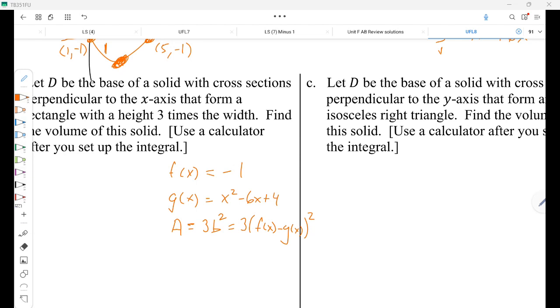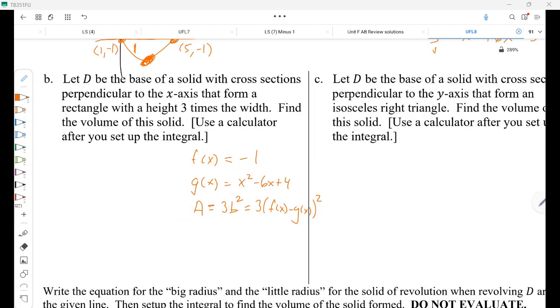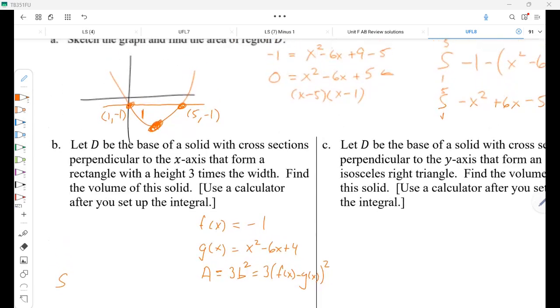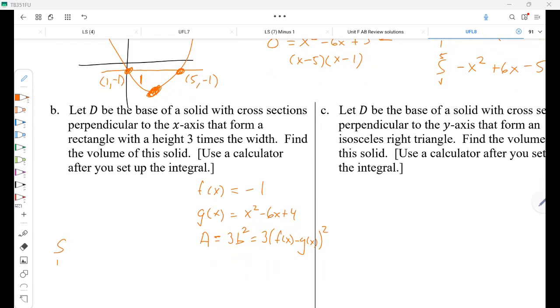And then don't lose sight of this. There's a question on the test that's actually a little bit easier because of this. All you have to do, once you have that area formula, you integrate it. So this will be the integral, same limits because we're working with x's, from 1 to 5 of that area formula, 3 times f of x minus g of x, but squared.